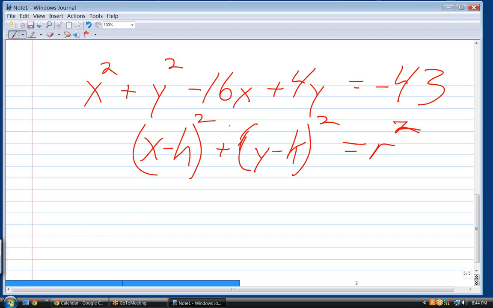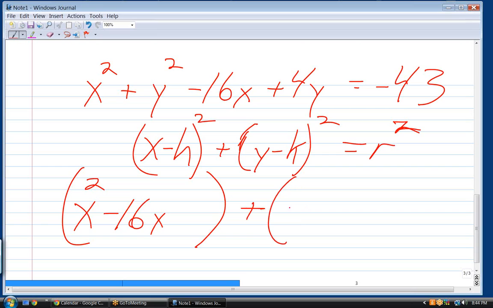So first of all, we're going to bunch our x terms together and separately our y terms together, and leave room to complete the square. At this point, I haven't changed anything.